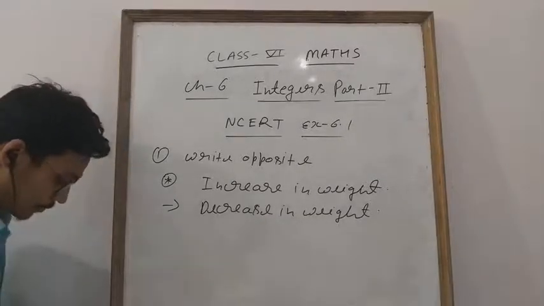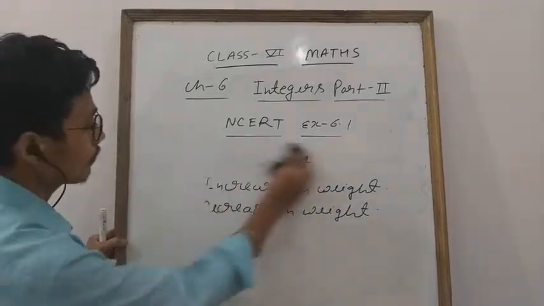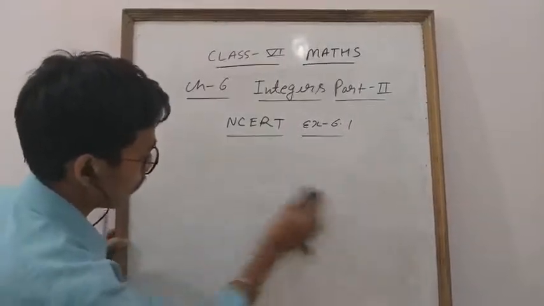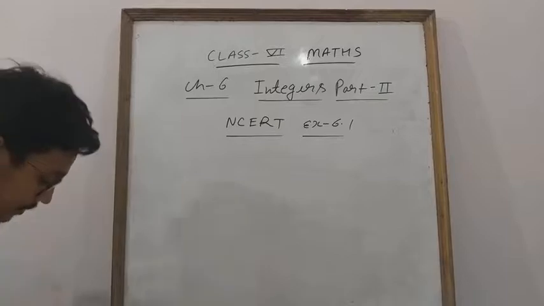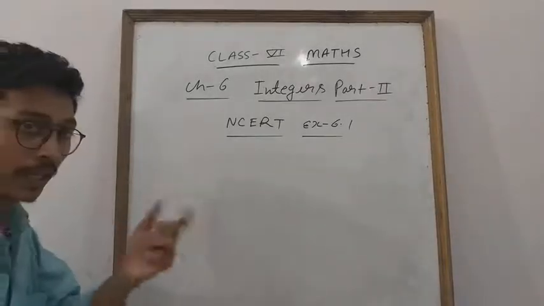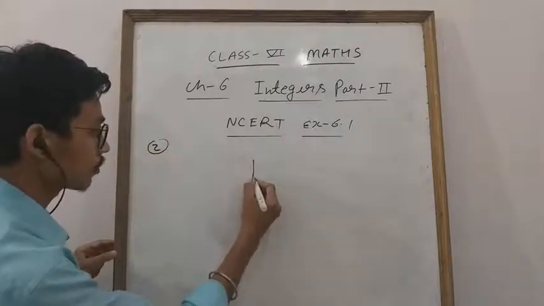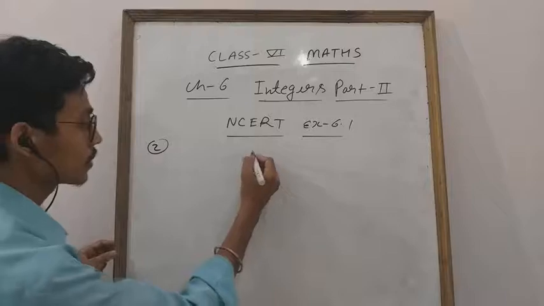Next question: represent the following number as an integer with appropriate sign. You have to use the appropriate sign, meaning either plus or minus. See, an aeroplane is flying at a height of 2000 meters above the ground. Let us assume this is the ground and this is your aeroplane.